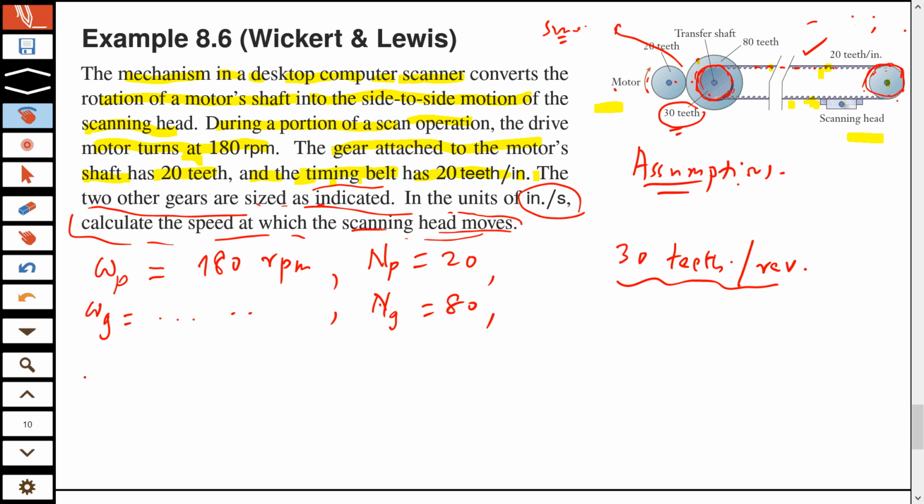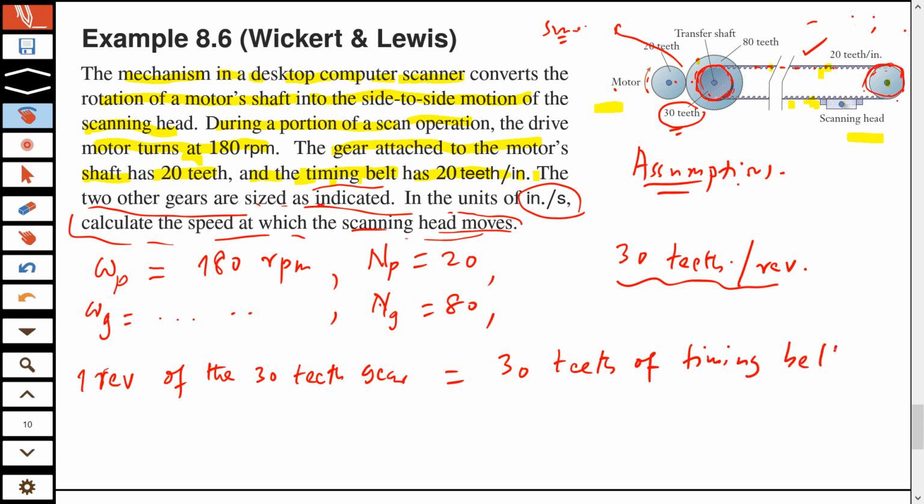So I can say that one revolution of the 30 teeth gear will give me 30 teeth of the timing belt as well, because they must run smoothly.